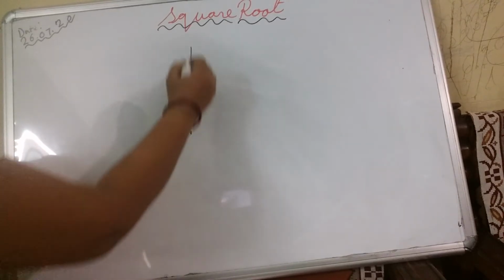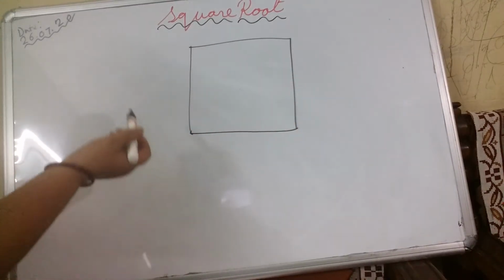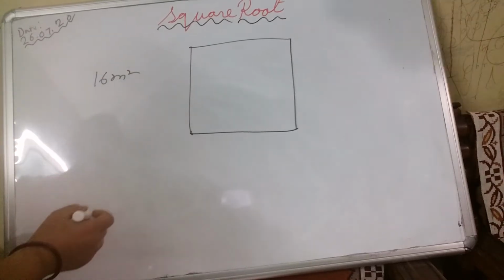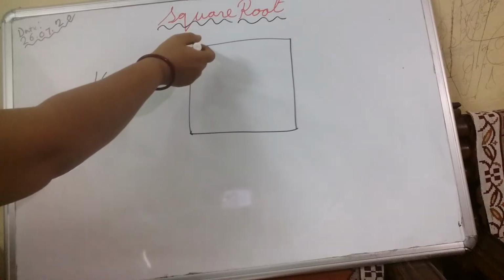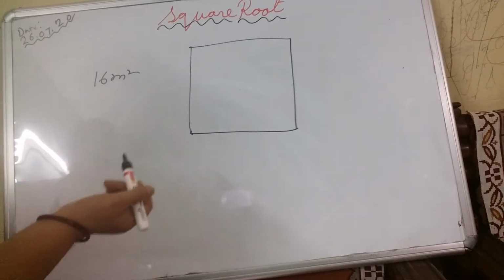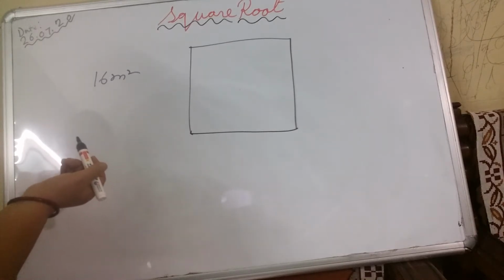If I say that the area of this square is 16 meter square, you are well known to this figure, that is a square, and if I ask you what is the area of this square, you will say it is side into side, okay?